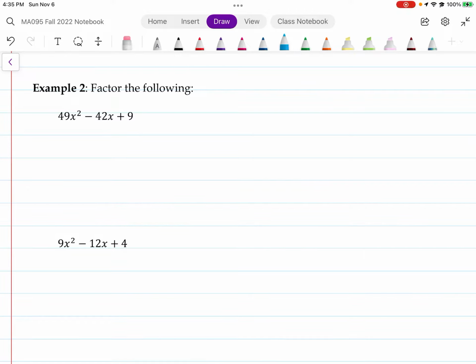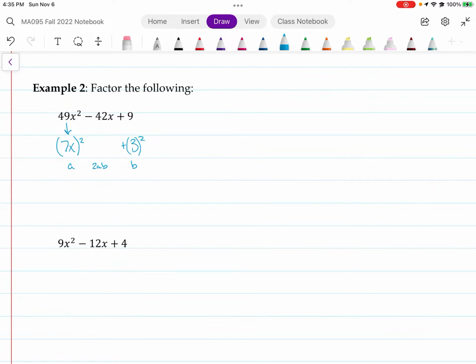All right, so let's think about this. If we took this, it would become 7x squared, and this would be 3 squared, right? So if this is our a and this is our b, then 2ab would be 2 times 7x times 3, right?